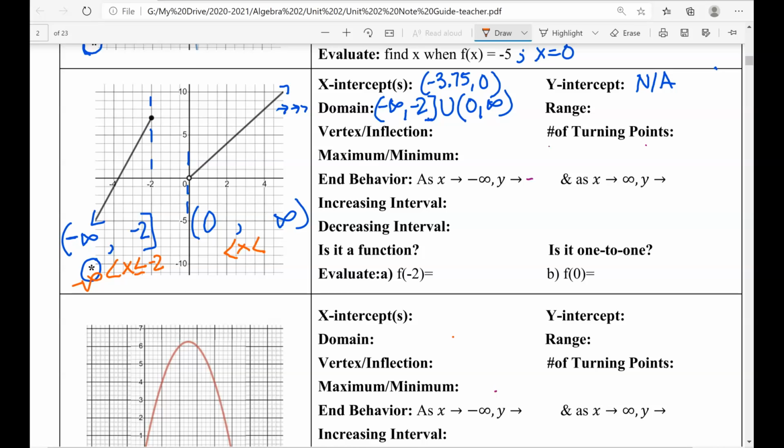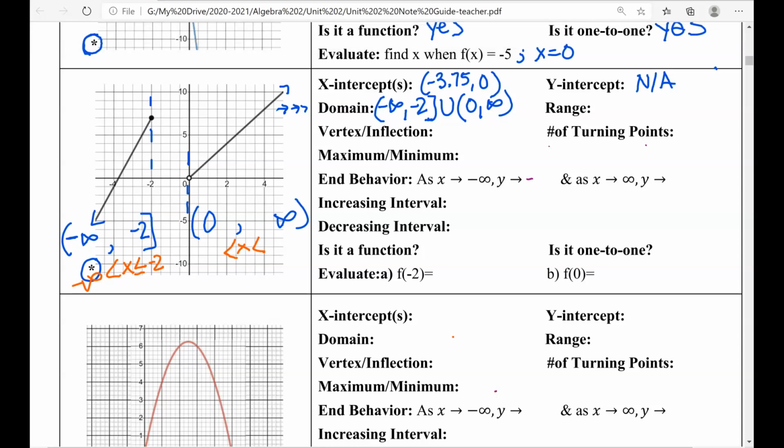Remember, both of them are parentheses, so we can't have an equal in our inequality. x is going to be greater than 0 and less than infinity. So you can write either one. You can pick either one, but start using the interval notation so you get more practice for it.